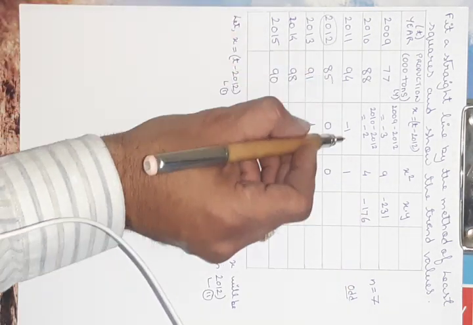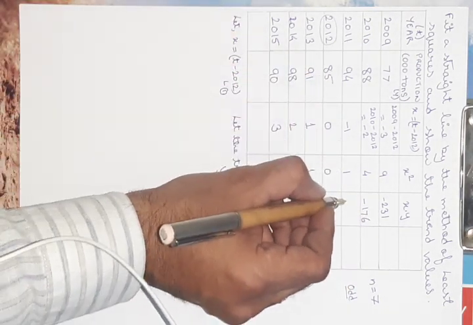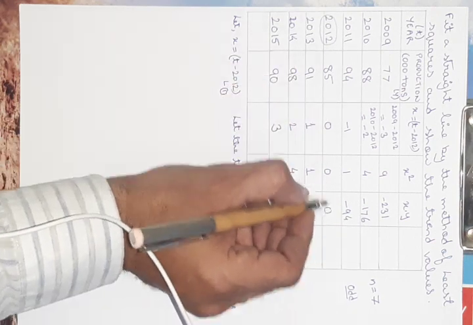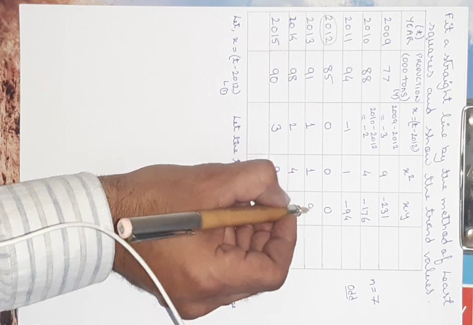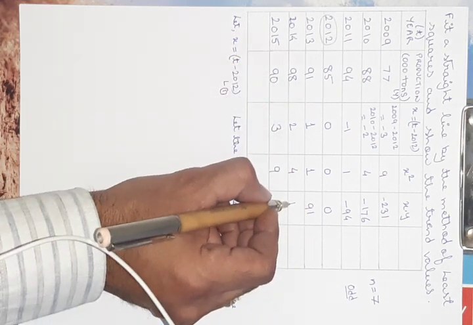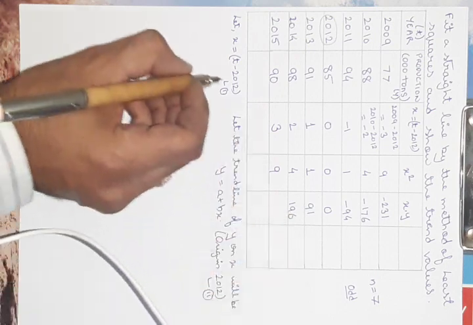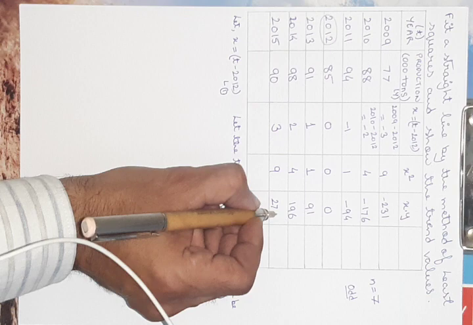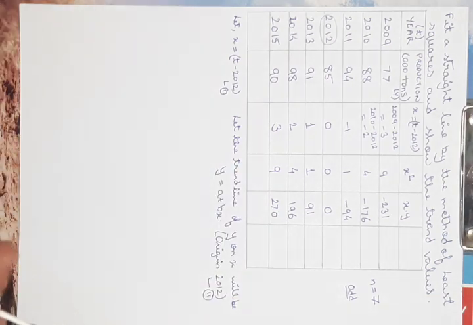Next, 94 multiplied by x, that is minus 1, this will be minus 94. 85 multiplied by 0, this will be 0. 91 multiplied by 1, that will be 91. 98 multiplied by 2, that will be 196. And finally, 90 multiplied by 3, the value will be 270. Okay, this is how we have calculated.